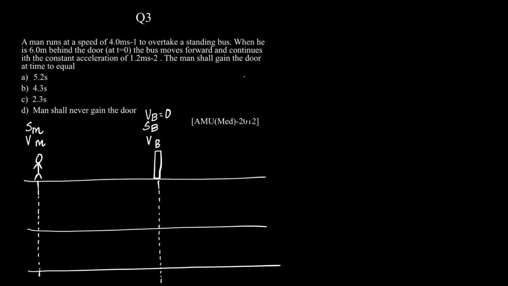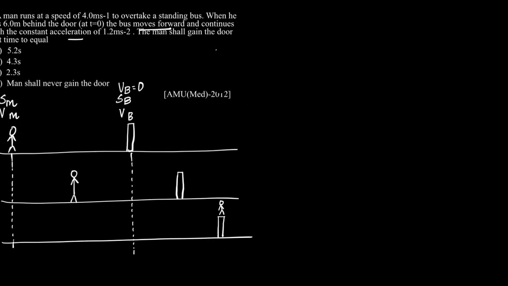After some time, say the man reaches here, and the bus, which was at rest, starts to move forward with an acceleration. Say the bus reached here. Then after some more time, the bus is still moving, but the man has gained access to the bus.